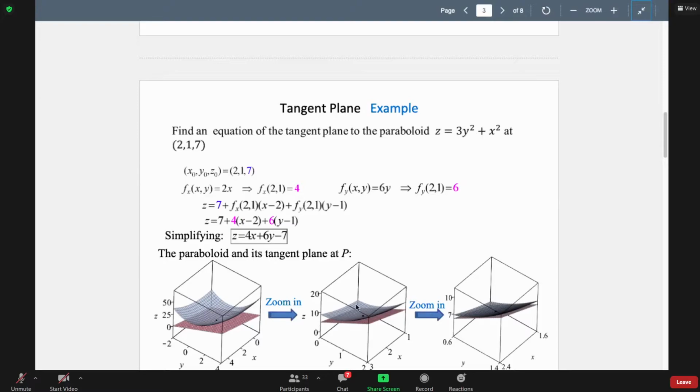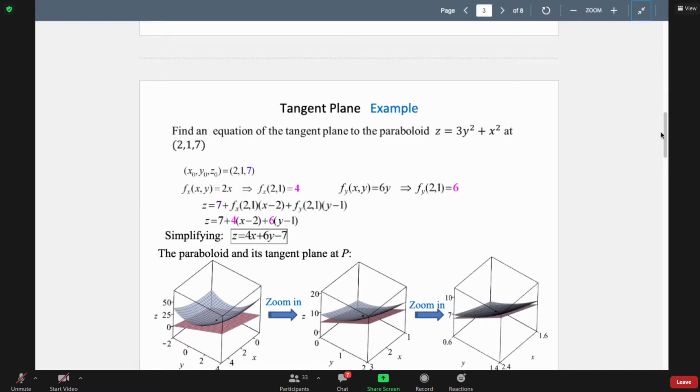You can see this by zooming in: the difference between the tangent plane and the surface gets smaller and smaller. And this will lead to the notion of so-called linear approximation.